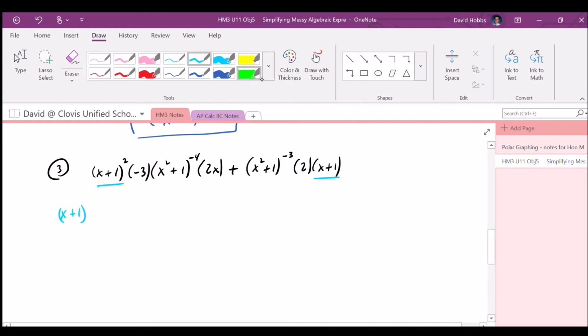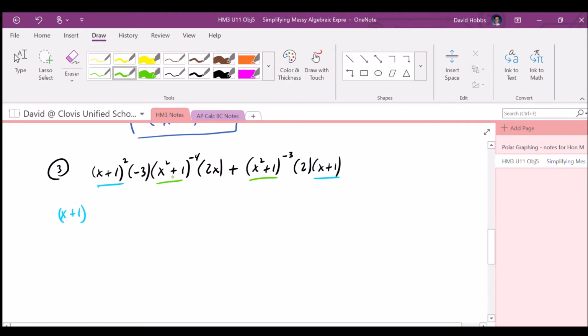Okay, now what else do we have? We also have (x squared plus 1)'s in common. Now, with negative exponents, it's very different from when we're dealing with the positive exponent things. With negative exponent things, you want to bring out as much negative exponent as you possibly can so that there's no negative exponents left behind.